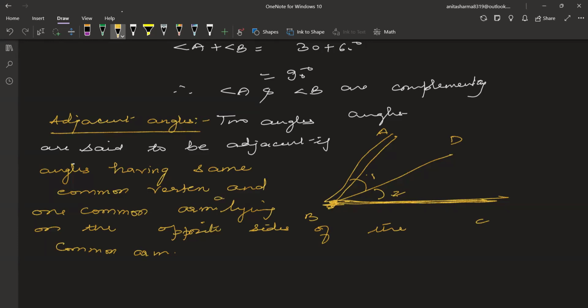Clear, beta? One common arm, and the other arms lying on the opposite sides of the common arm.